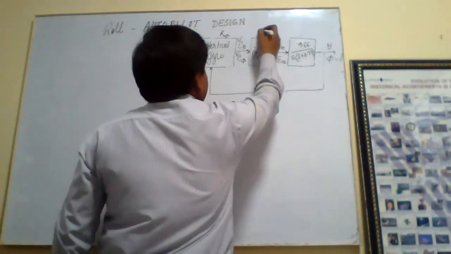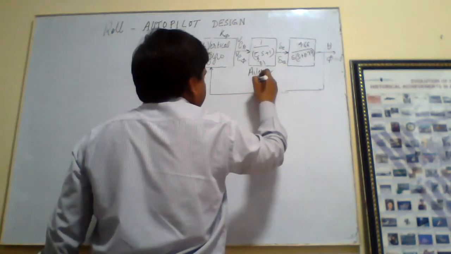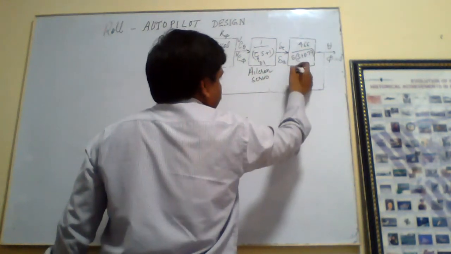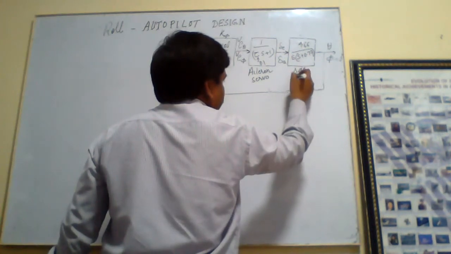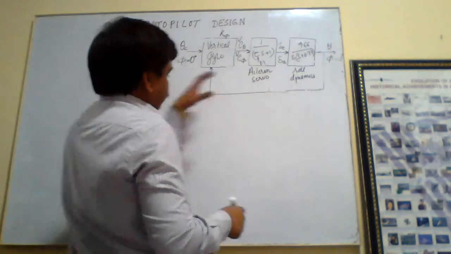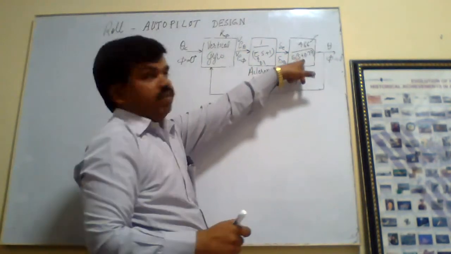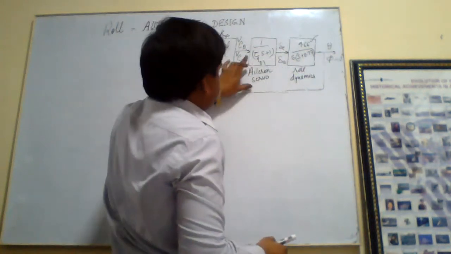So for this servo, which is, let's say for here, it is aileron servo, isn't it? And this block is roll dynamics. Okay, so through all that derivation, we have got this transfer function. Now this is servo.